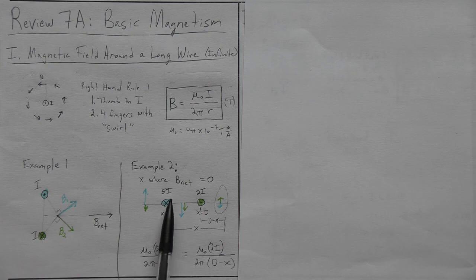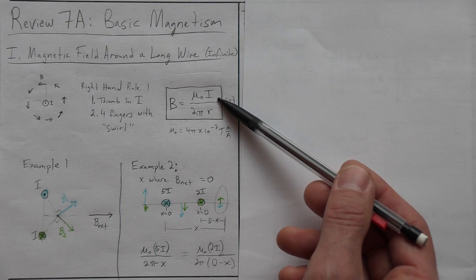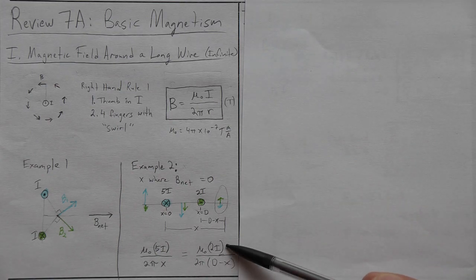And then I fill in the currents and radii here. So the current for this wire is 5I, and the radius, well, if this is x equals 0, this point is x away. So 2 pi r right there, with r being x. Now in this wire, I plug in the current, mu 0 I, which is 2I.